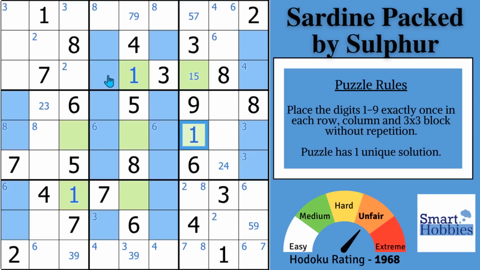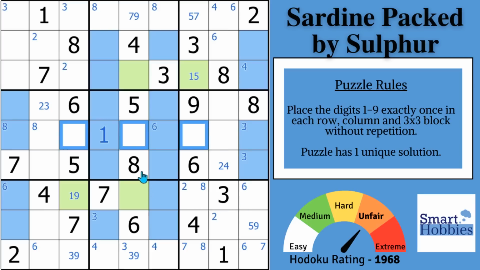And so what that means is you can't have 1s in any of these cells that are outside of those green cells in those rows, right? Because if you put a 1 in one of those cells, and I'll show you what I mean here. So let's say you put a 1 right there. Then what you'd see is these cells could not contain a 1.